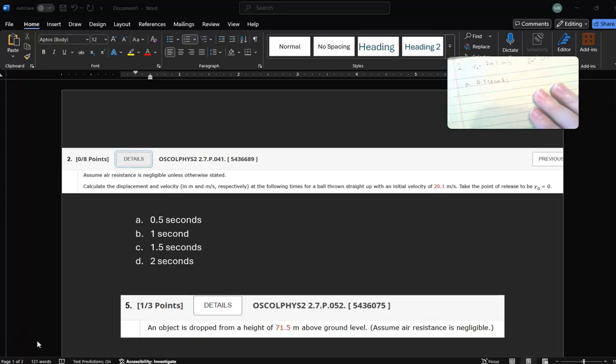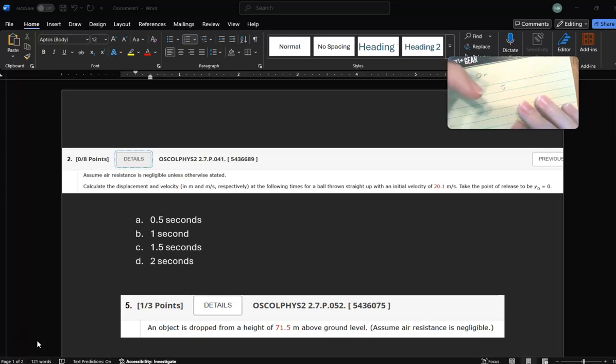It's going to be largely the same process for each of these parts. I'll try to stick mostly with equations that are given in that formula sheet. There is one more equation that I'm not sure is given in the formula sheet that is going to come in handy here, and that's the equation for the average velocity.